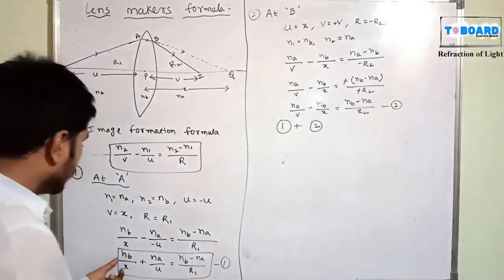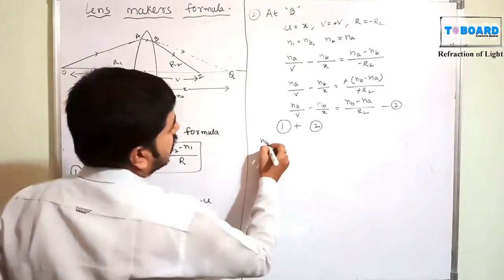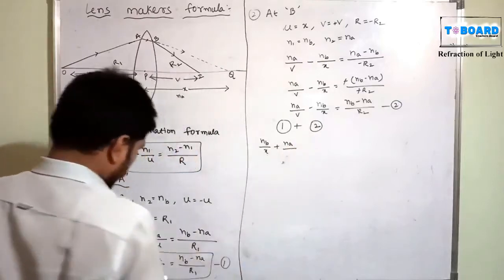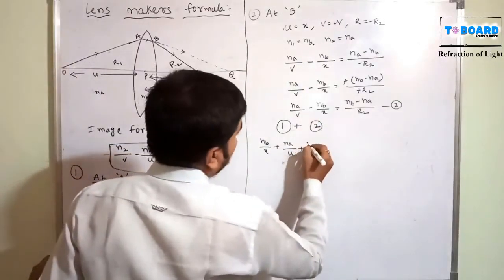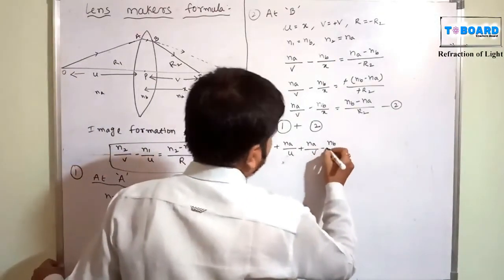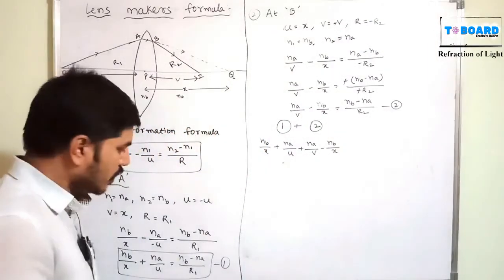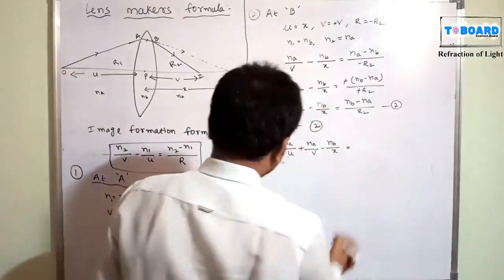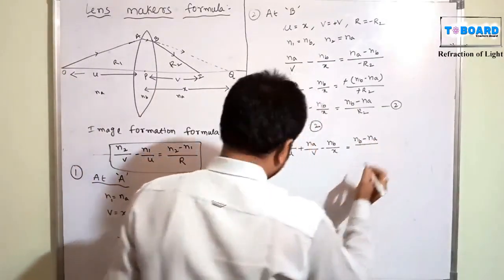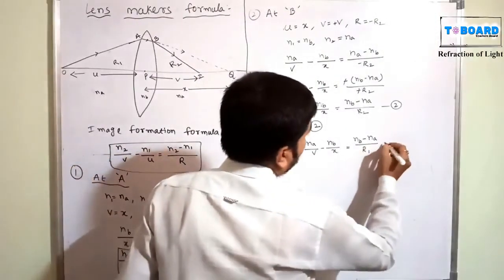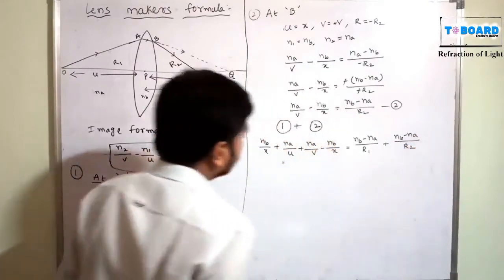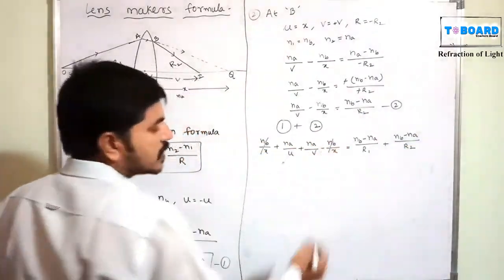Then see here the left side and right side values. Left side: NB by X plus NA by U plus NA by V minus NB by X. Right side: NB minus NA by R1 plus NB minus NA by R2. NB by X gets cancelled.